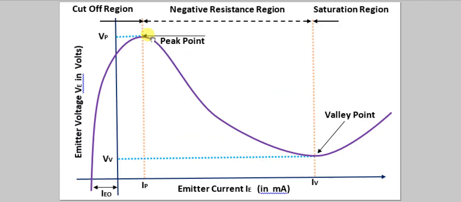We see a large current flowing while the voltage is dropping. Then the voltage reaches the valley point.